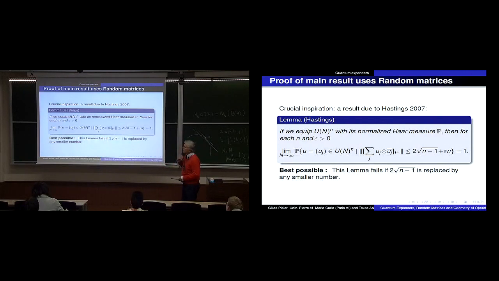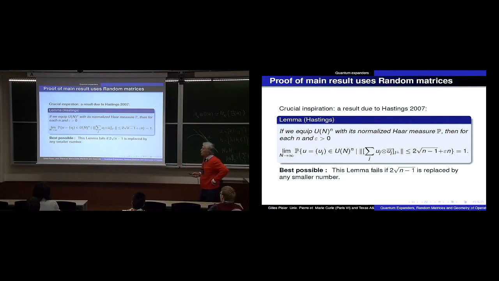However, I should say that for what I'm doing, what matters is just that this number gives us quantum expanders. So I only care to have a bound less than n, n times something less than 1. So in fact, the fact that it is square root of n doesn't really matter. What I care is that it is little o of n.